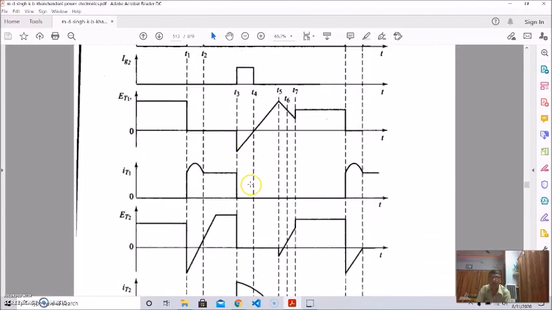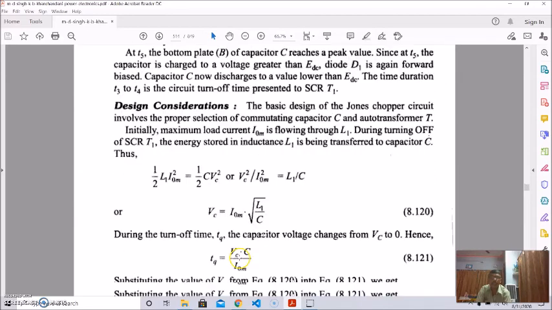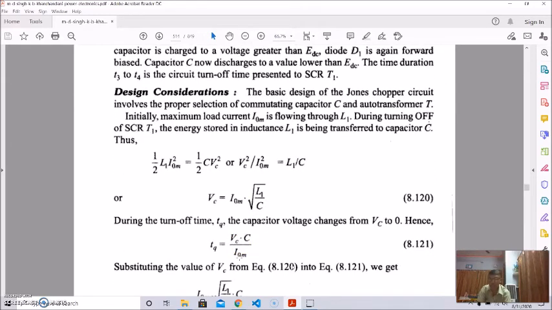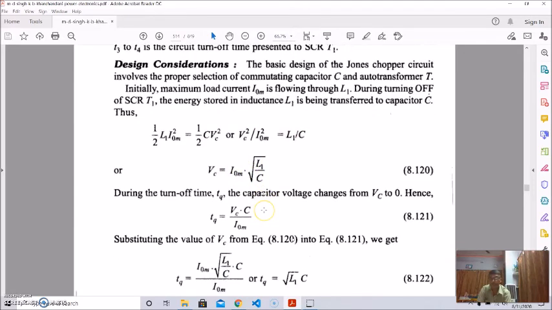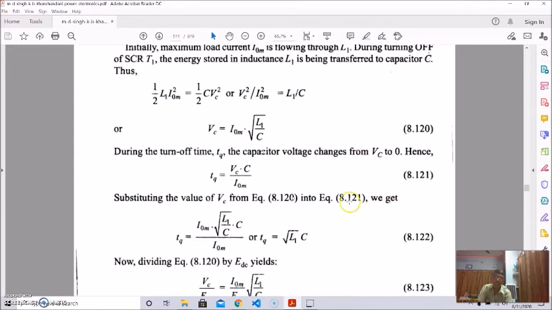With these design considerations, initially the maximum load current, say IOM, is flowing through L1, and during turning off of SCR T1, the energy stored in the inductance L1 is transferred to capacitor C. Thus half L1 IOM square equals half C VC square, or VC square by IOM square equals L1 by C. So VC equals IOM root of L1 by C. During the turn off time TQ, the capacitor voltage changes from VC to 0, and hence TQ equals VC into C by IOM.